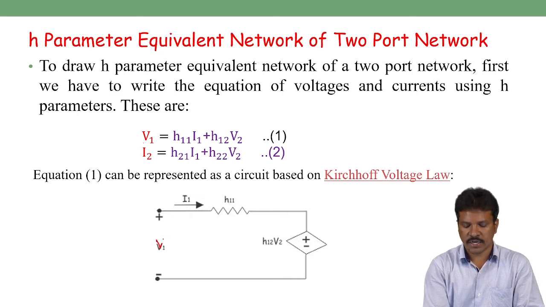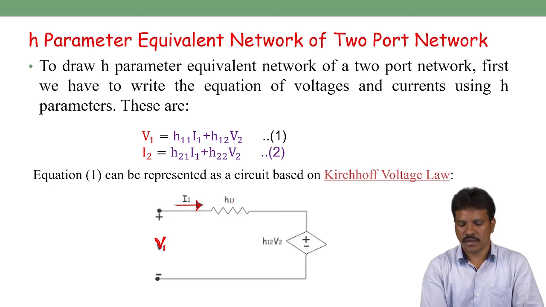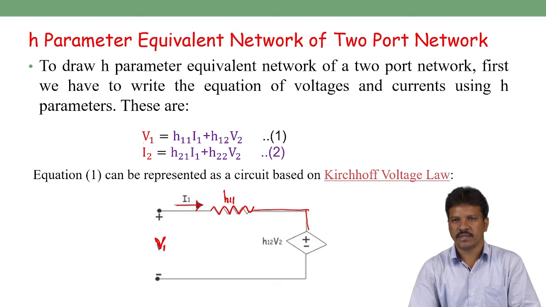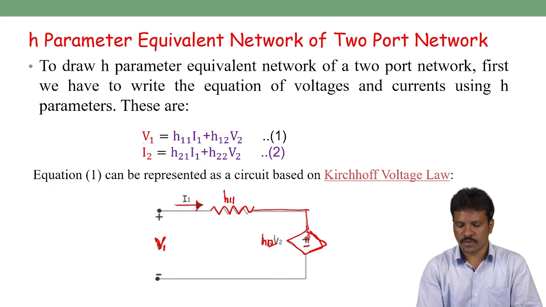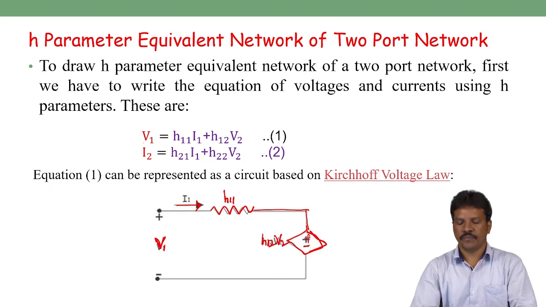H11 is impedance multiplied by the current I1 flowing in this network, so we represent it with an impedance, plus a voltage drop across it, plus an independent voltage. That independent voltage is represented by this symbol, and it is H12 V2.